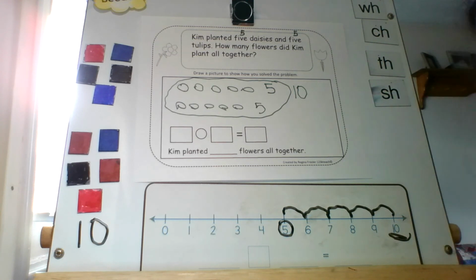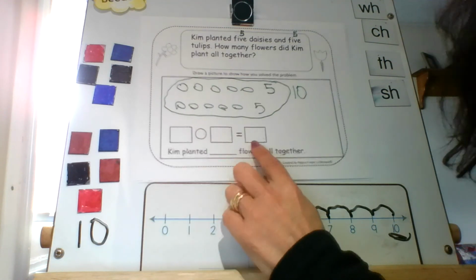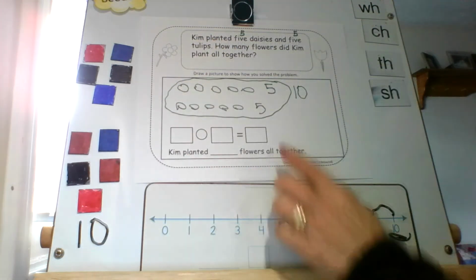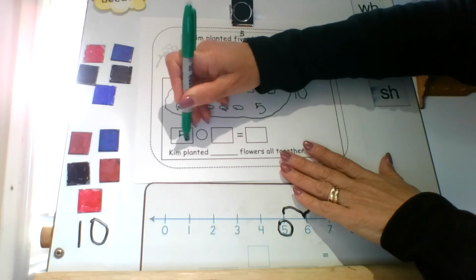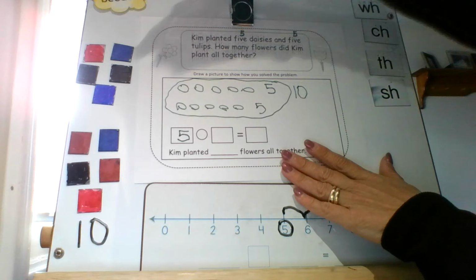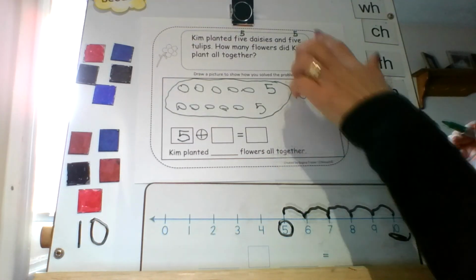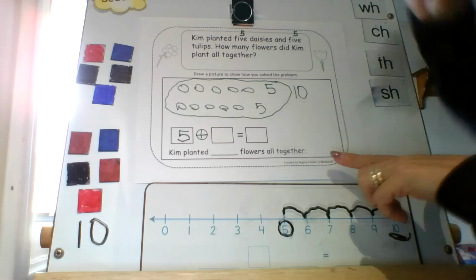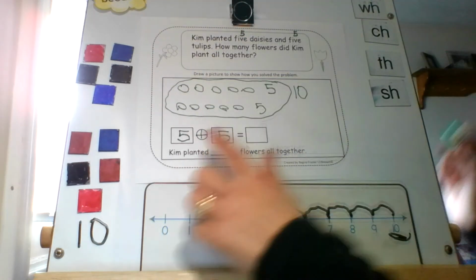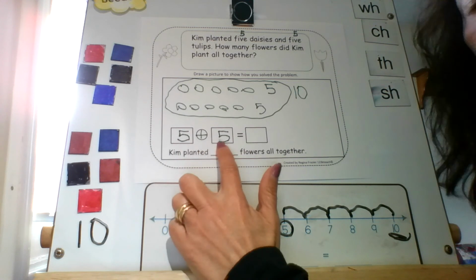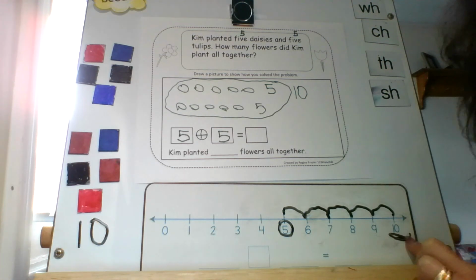So what we need to do is write our number sentence or write our equation. So how many daisies did she plant? You got it, 5. And you see the big circle that put it all together, so we know that means plus. How many tulips did she plant? Make sure that 5 is going the right way. 5 plus 5 equals, and here, look at, we have the answer in 3 places.